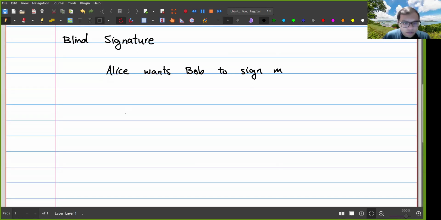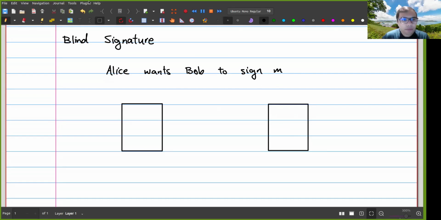So let me do this. Let's say this is Alice and this is Bob. And Alice knows a message M, but this message M is private. It's something that she's not willing to share, and she doesn't want Bob to know the message M.